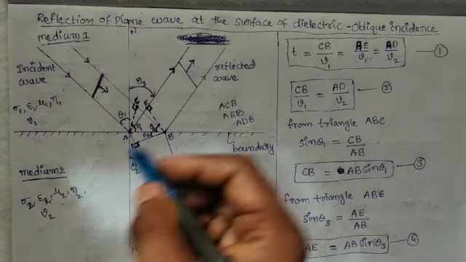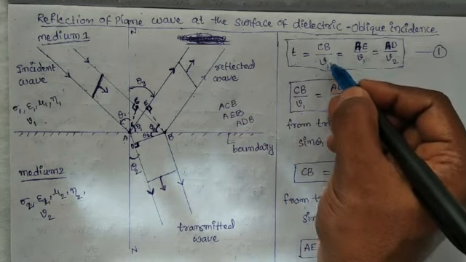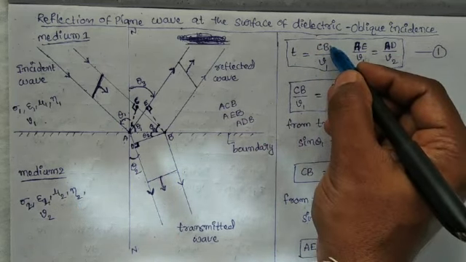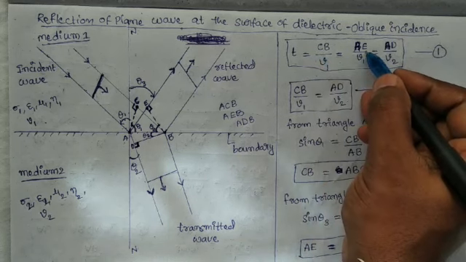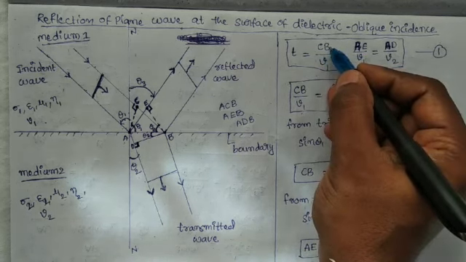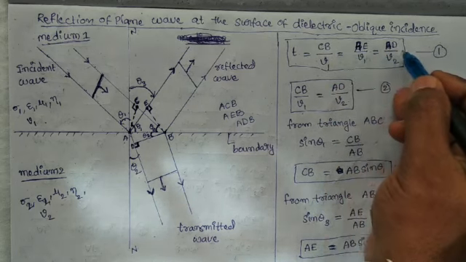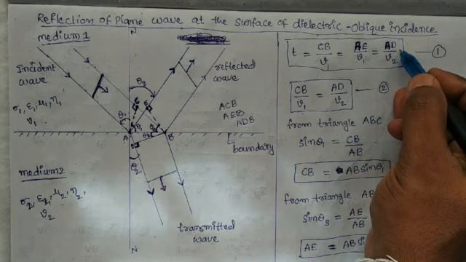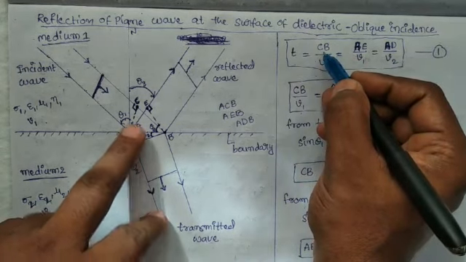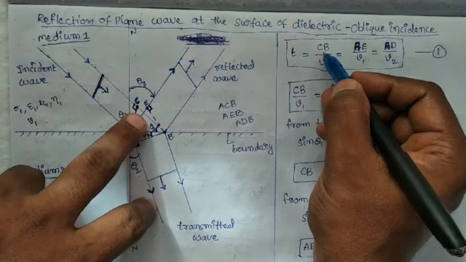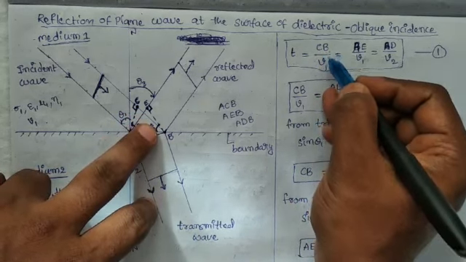Here time t can be written as what? CB by v1 in terms of the incident wave, in terms of the reflected wave and in terms of the transmitted wave. t is equal to the distance traveled by the incident wave, CB by v1.